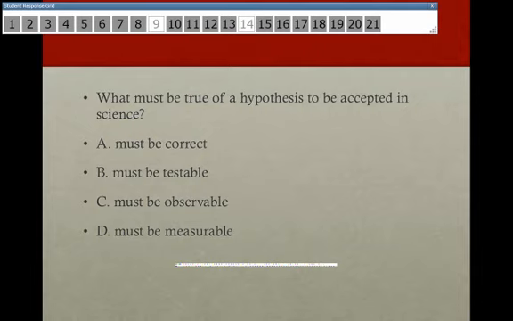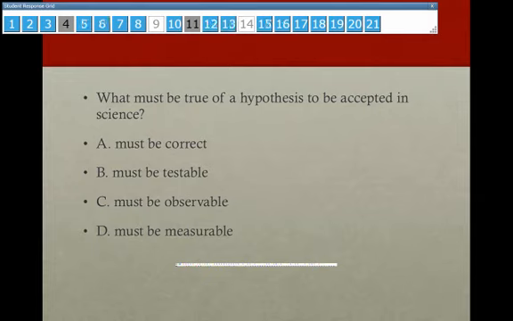What must be true of a hypothesis to be accepted in science? Who's number 4?